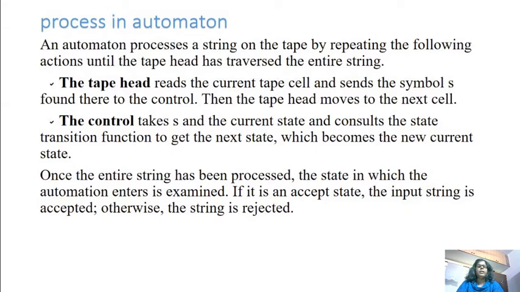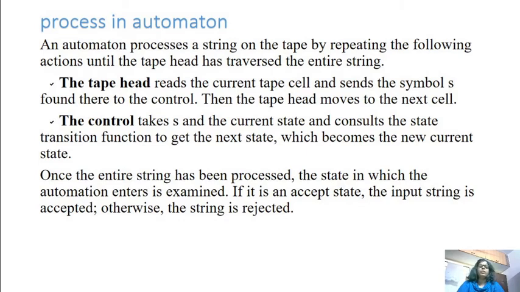Process in an automaton. An automaton processes a string on a tape by repeating the following action until the tape head has traversed the entire string. The tape head reads the current tape cell and sends the symbol found there to the control room. In the control room it is processed, and then the automaton moves to the next state.